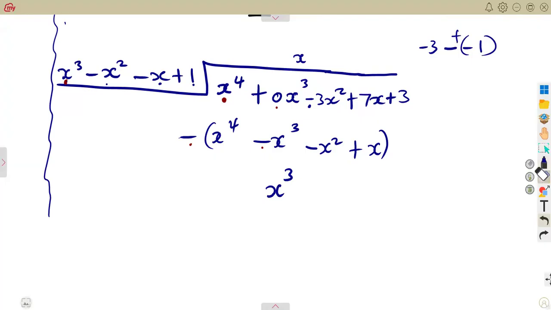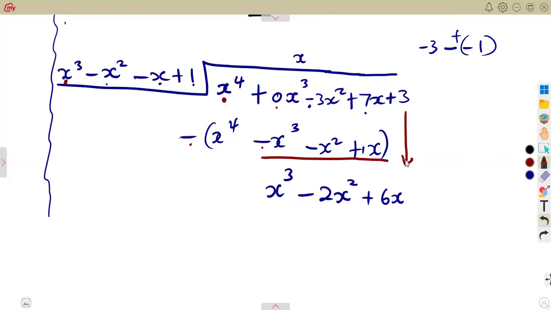So that will be a negative 2 there. So you're going to have negative 2x squared, 7 minus 1, that is a 6. So this is what we are going to obtain from the subtraction. Then we can just drop the remaining term, which is plus 3.